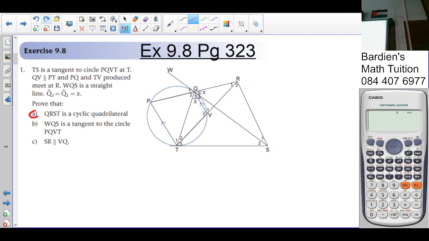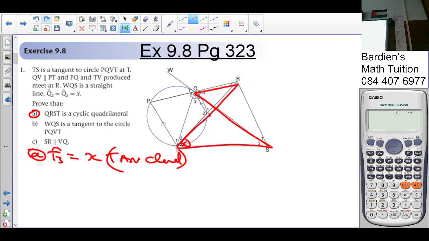Right, so let's go. A. So we're saying that T3 is x. Why is T3 x? Tan chord theorem. Right, so what do we say? Can you see now that this is equal to this there?